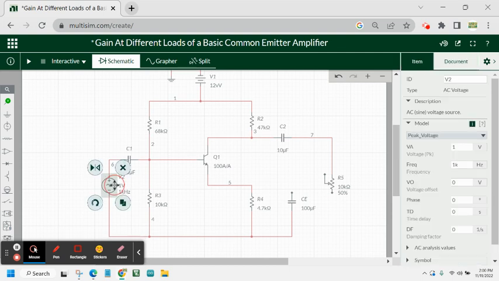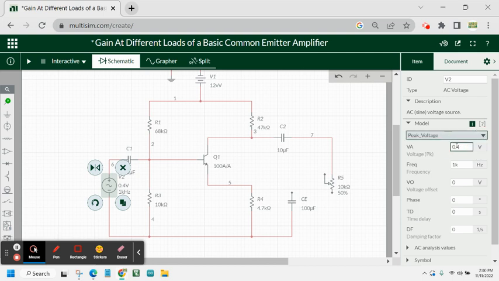So the input voltage, we will be using a peak voltage value of 0.4 peak voltage.